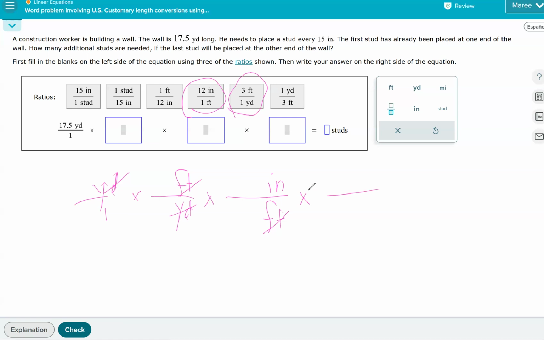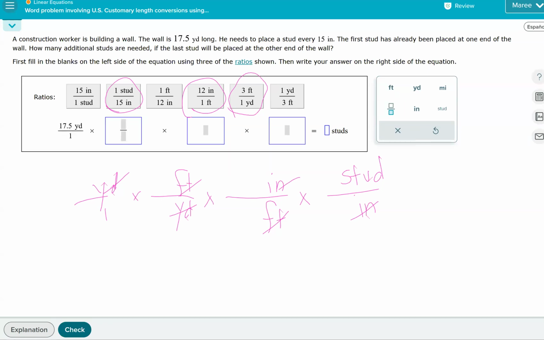And then we're going to want inches in the denominator and studs. There we go. Boom. Okay, so we got the 3 circled that we want. So let's just do them this way. We'll do 1 stud in 15 inches. We'll do the 12 inches in 1 foot. And then we'll do 3 feet in 1 yard.